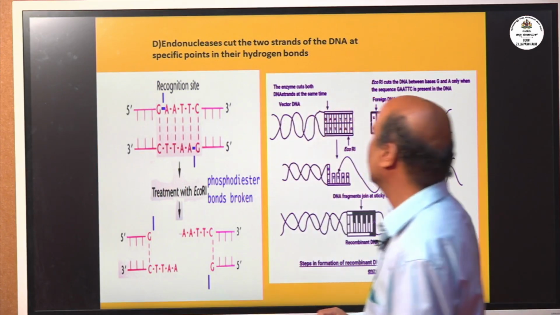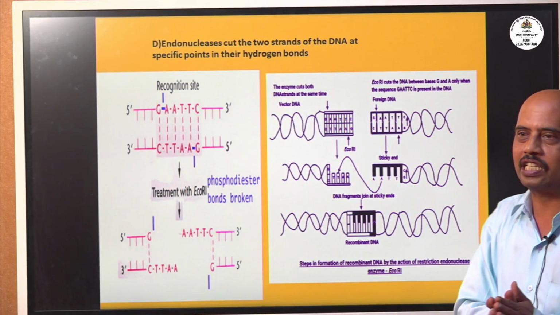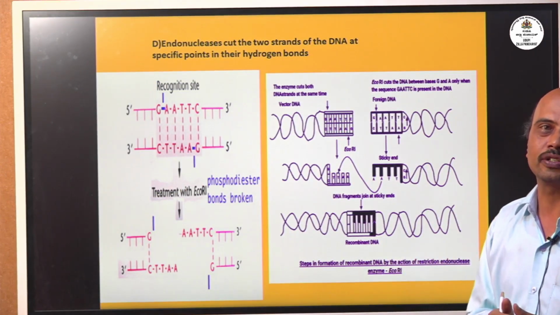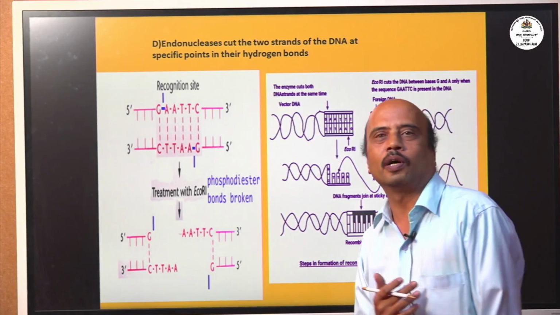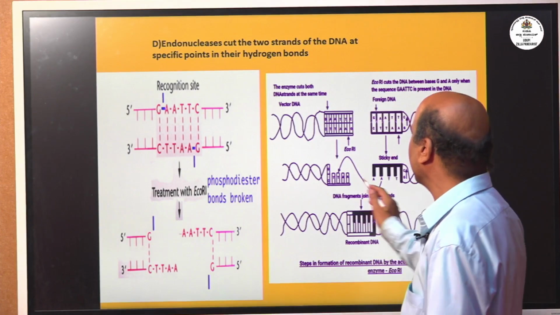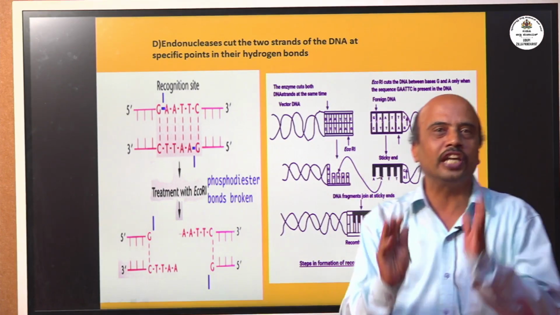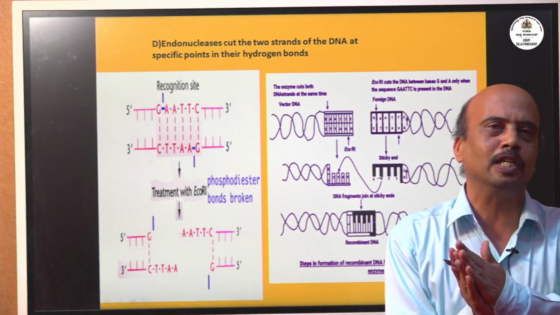So this is how the endonuclease cuts the DNA internally, leaving sticky ends. They cut the DNA at sugar phosphate backbones, phosphodiester bonds, making the sticky ends. See here, these are the sticky ends. And these sticky ends have complementary base pairs. You know complementary base pairs?